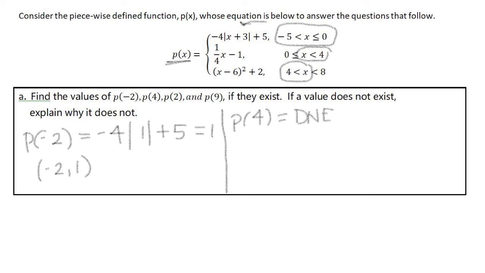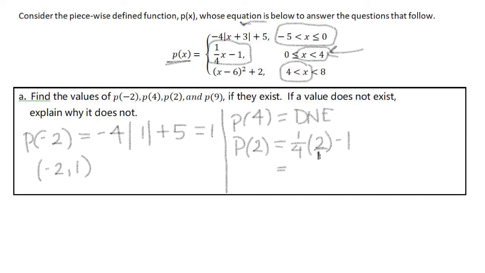All right, let's look at the next one, p at 2. And again, go find, well, what interval would 2 fall into? And it should be the second one. So that tells me I need to plug into that function. So I'm going to have 1/4 times 2 minus 1. And some folks left it like this and said they could not solve that. And so I encourage you to learn how.